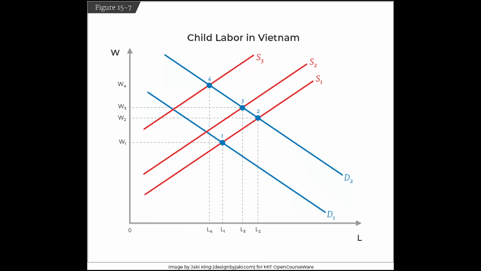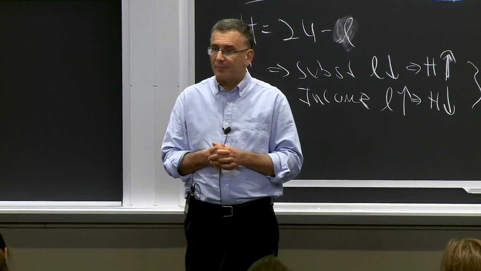Families are now richer. And indeed, if the income effect is large enough, you could move to point 4. You could actually have a reduction in child labor. Why? Because the benefits of more kids working in terms of producing more rice is exceeded by the value to the families of taking the extra money they're making and putting it into education for their kids.